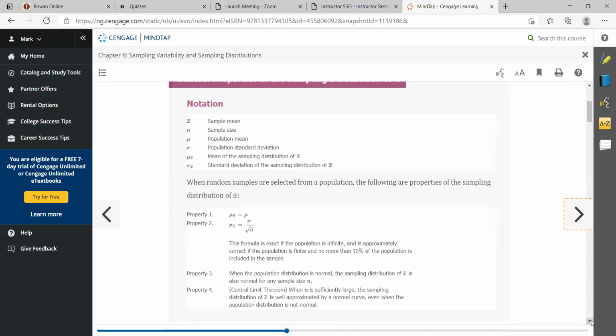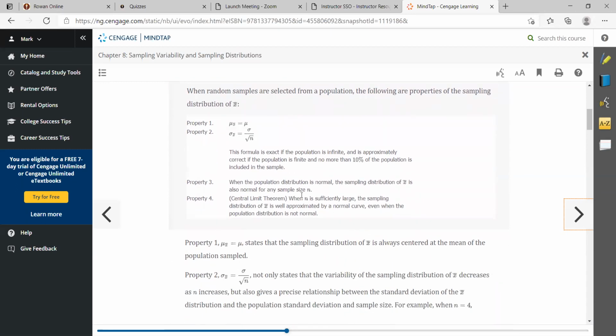Property 3 is that when the population distribution is normal, the sampling distribution of X bar, or the sample means, is also normal for any sample size. Property 4 is called the central limit theorem.